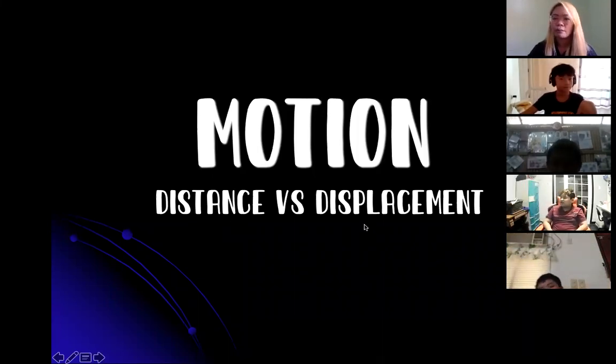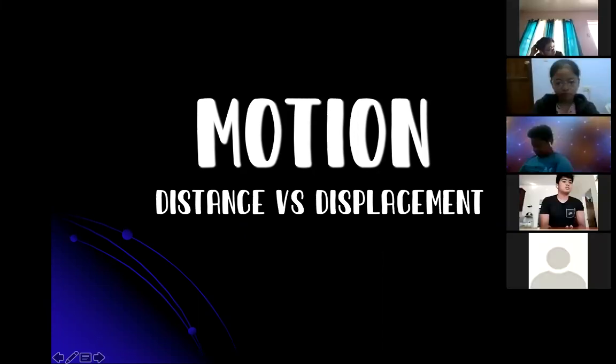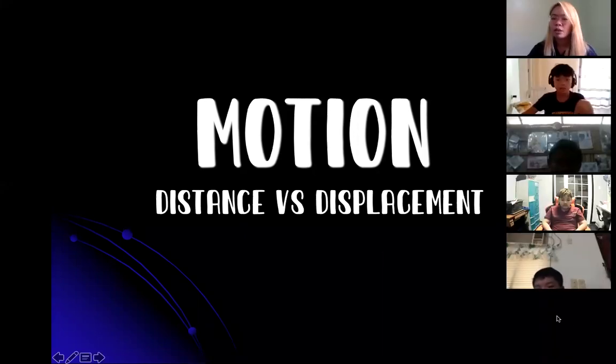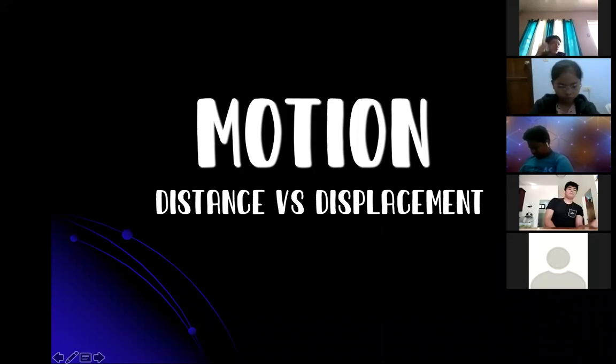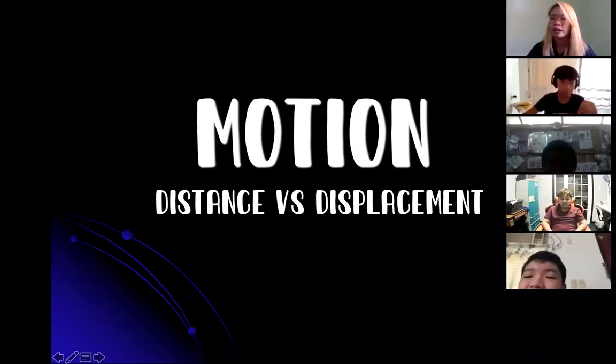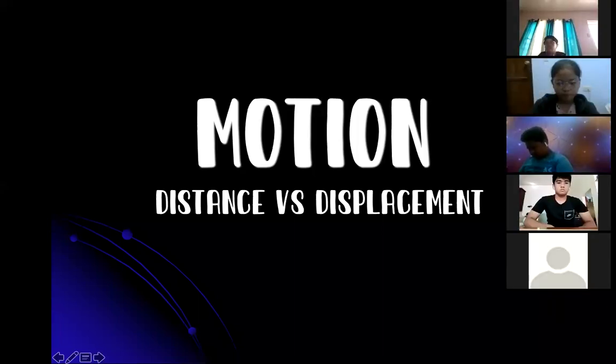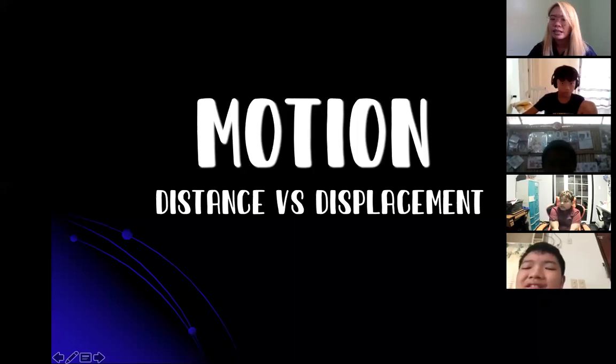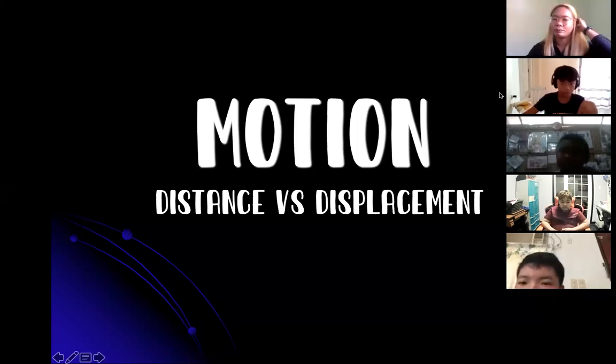There are other measurements of motion, but for today, we will focus on motion in terms of distance and displacement. And then for the following weeks, we will learn about motion in terms of speed, velocity, and acceleration.